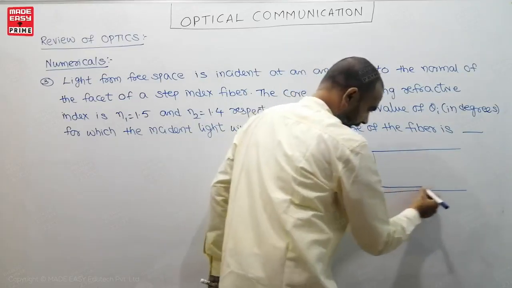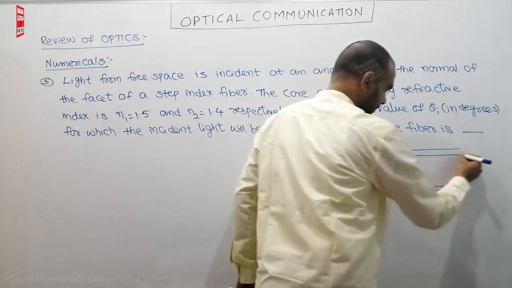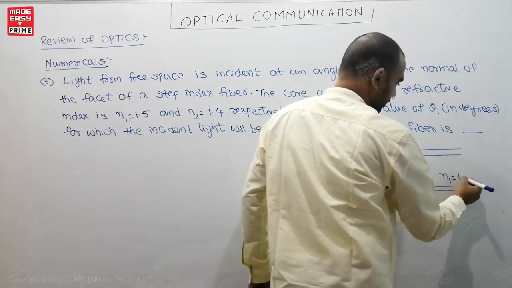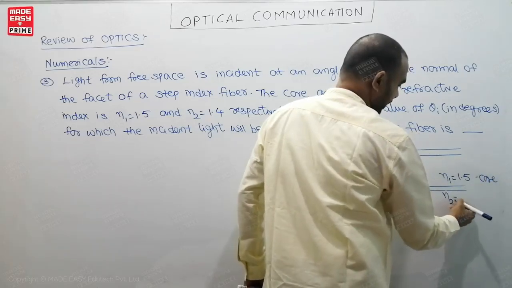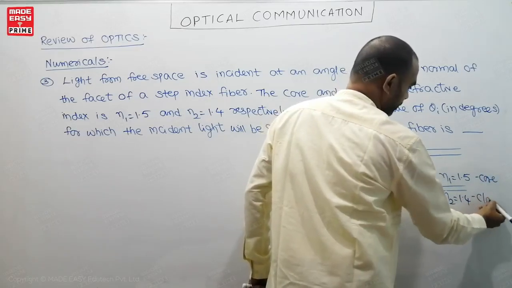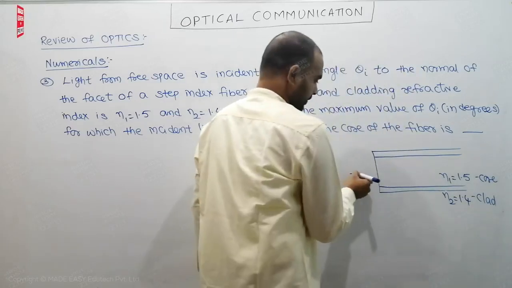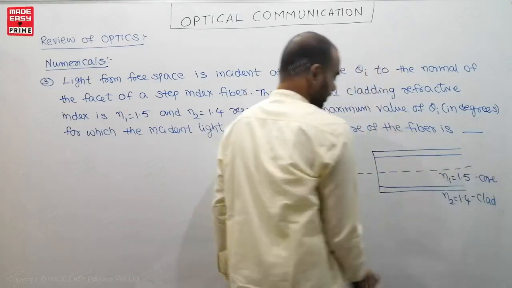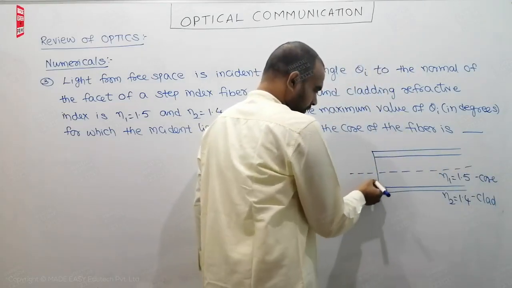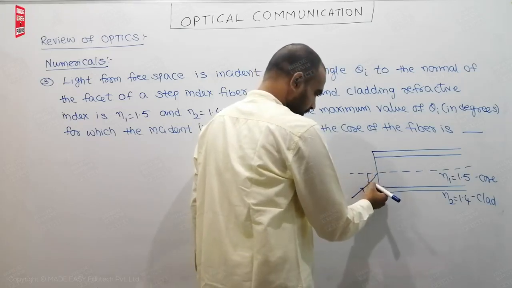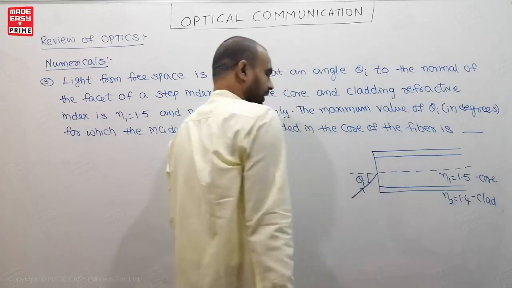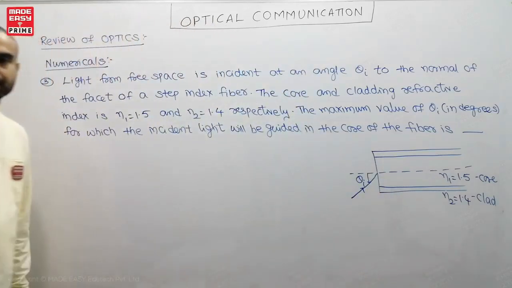So this is the diagram shown, having the core as well as the cladding. N1 equal to 1.5 is the core. N2 equal to 1.4 is the cladding, and this is called the normal. Here the light is incident, and this angle is called theta I. That's the facet normal.